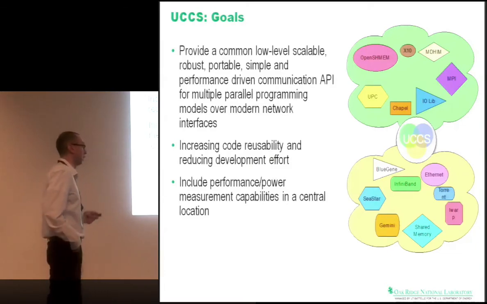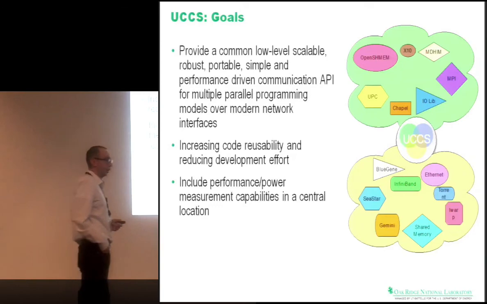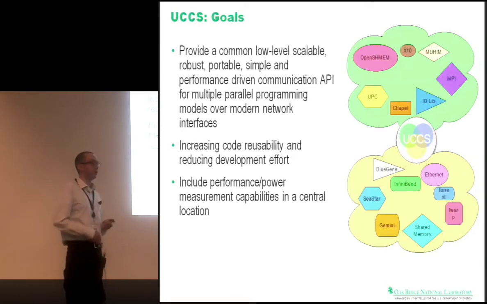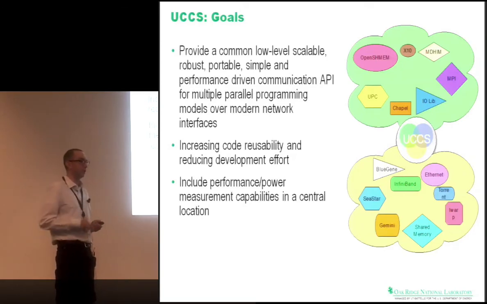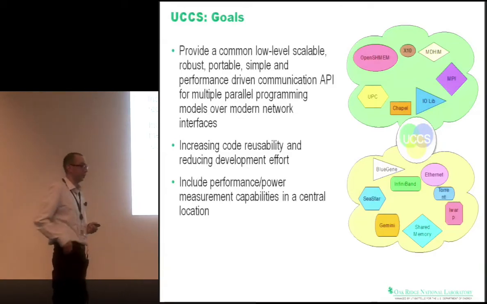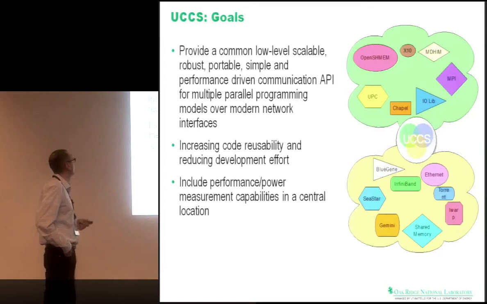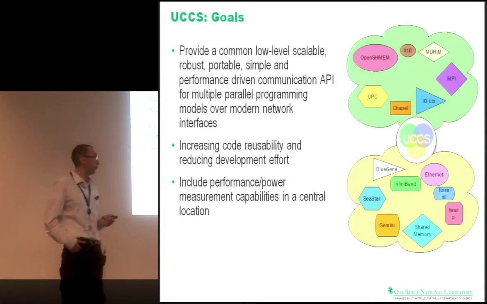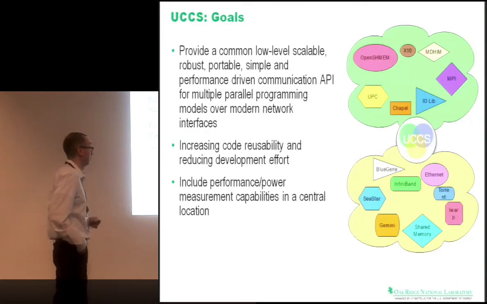This is a list of our goals. Essentially, what we want to develop with UCCS is a really low-level communication abstraction that supports multiple programming models and at the same time provides support for multiple network interfaces. We have a diagram here.